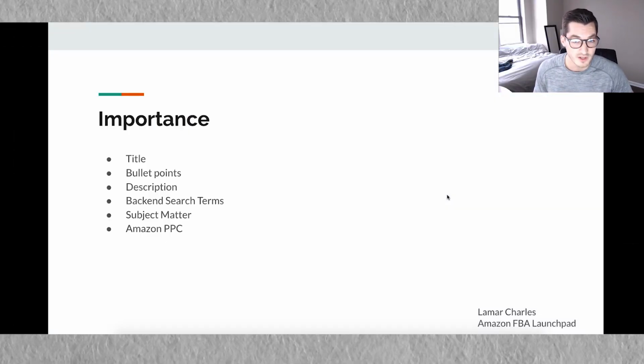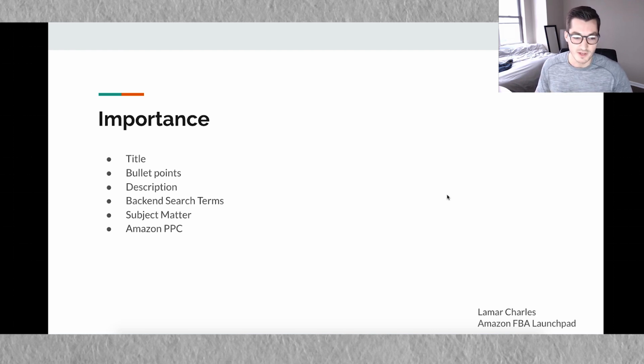All right, before we start talking about the nitty-gritty, the step-by-step process here, I did just want to back up and give you guys an overview of why a relevant keyword bank is just so important. This is essentially the foundational element that's going to go into creating your title, your bullet points, your description, your back-end search terms, your subject matter, and last but not least, Amazon PPC.